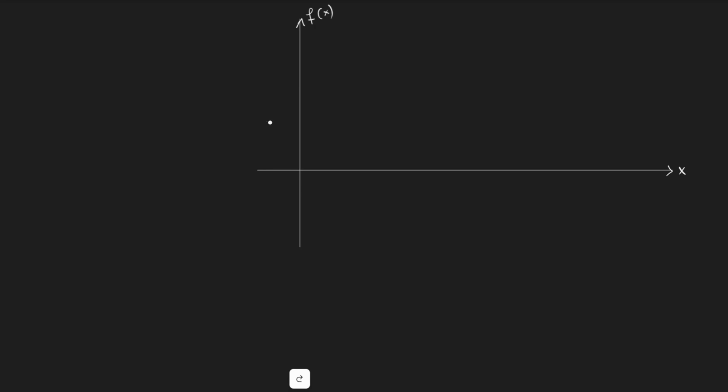So let's say we have a function like this. Our question is, how do we interpret the slope, aka how much the graph increases under one unit change of the input x at any point? And this we will interpret as the slope of the tangent line of the function at the question point.